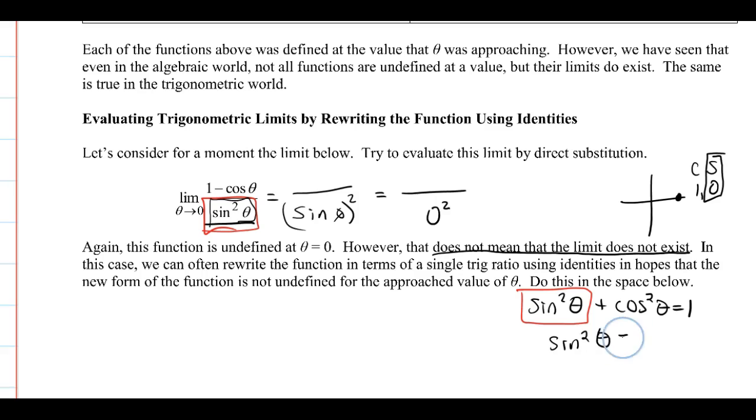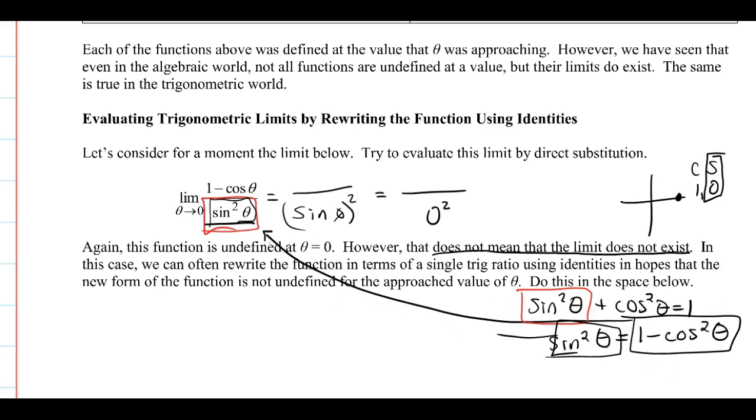Sine squared theta equals 1 minus cosine squared theta. So I can rearrange this function to get sine squared theta, and I can substitute what it equals in here.